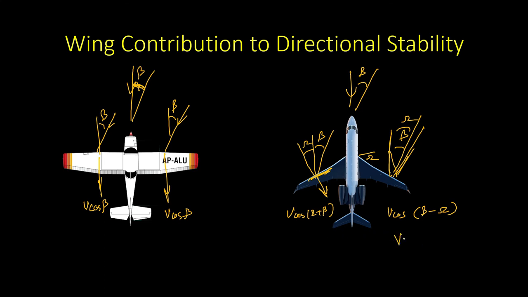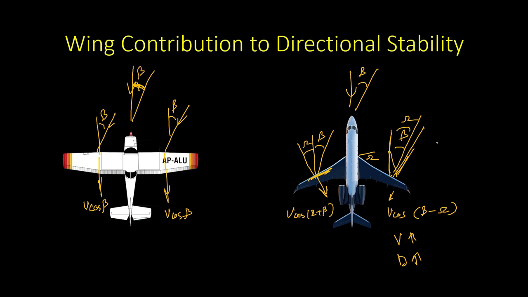Hence the starboard side will experience a greater velocity, and since the velocity is greater on the starboard side, drag is also greater on the starboard side. Since drag is more on the starboard side, this wing will experience a force like this, so this wing will move a bit backwards.